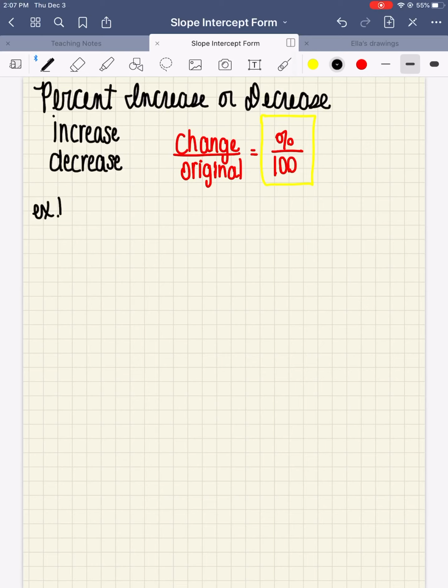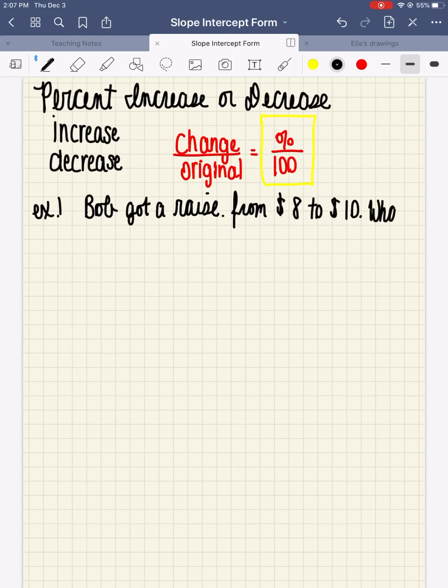Here's the first one. Bob got a raise from $8 to $10. And we want to know what is the percent of change.